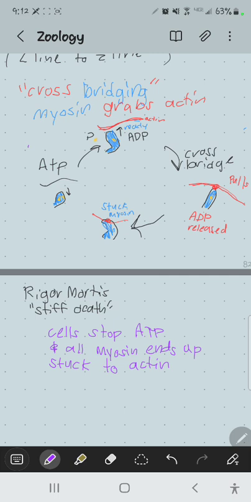So anyway, the basic idea is rigor mortis is when the myosin head is stuck to the actin filament, and it's because ATP is no longer available because the animal stopped breathing. So oxygen is no longer available. And then rigor mortis persists for usually several days until decomposition breaks the muscle down.